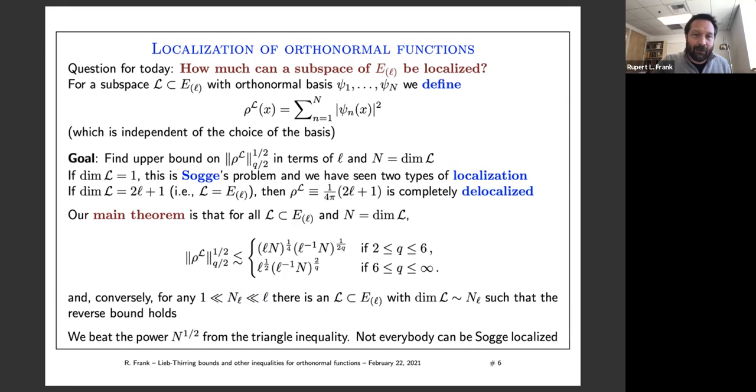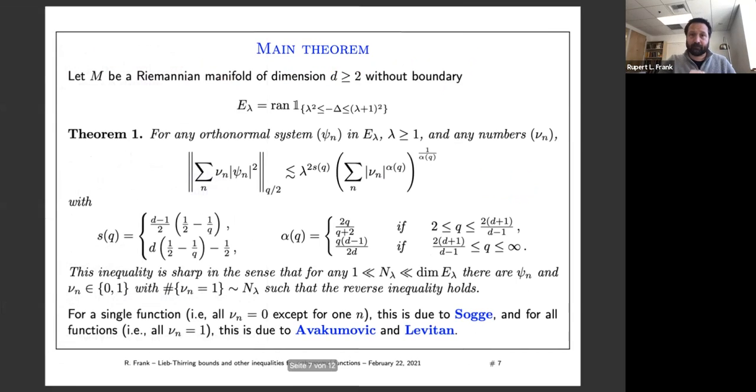But no matter how you grow, it could be log L, or it could be L divided by log L, no matter what you have, you find a subspace which has asymptotically that given dimension N_L, and for which you have the reverse bounds. So we really determine the optimal way orthogonality forces a maximal localization on the sphere in a spectral cluster.